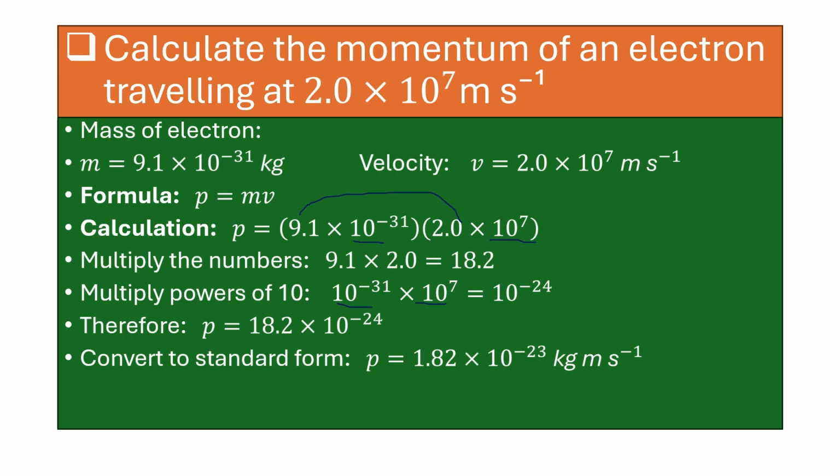So it's 1.82 into 10 to the power minus 23 kg meter per second. AS level and A level students, it's very important that you should know scientific notation. You should know how to convert between the standard form and the general form to simplify your answer. So your final answer here is 1.82 into 10 to the power minus 23 kg meter per second.